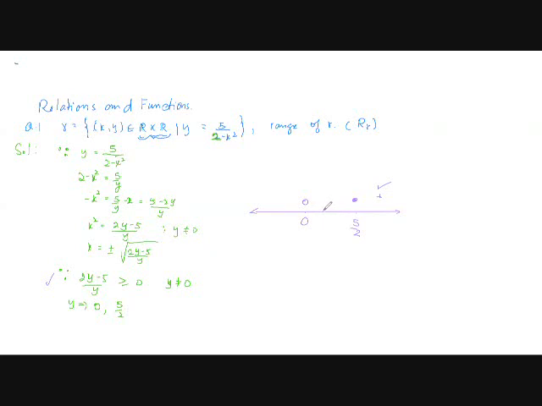You can try y equal to 1, right? Replace 1 in here, it becomes negative. Is negative greater than 0 or not? No, right? So this one doesn't work. And then the next one should work.